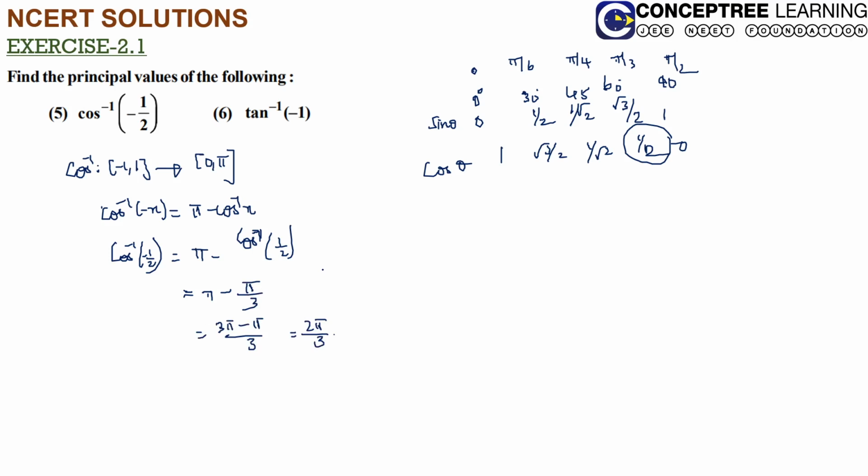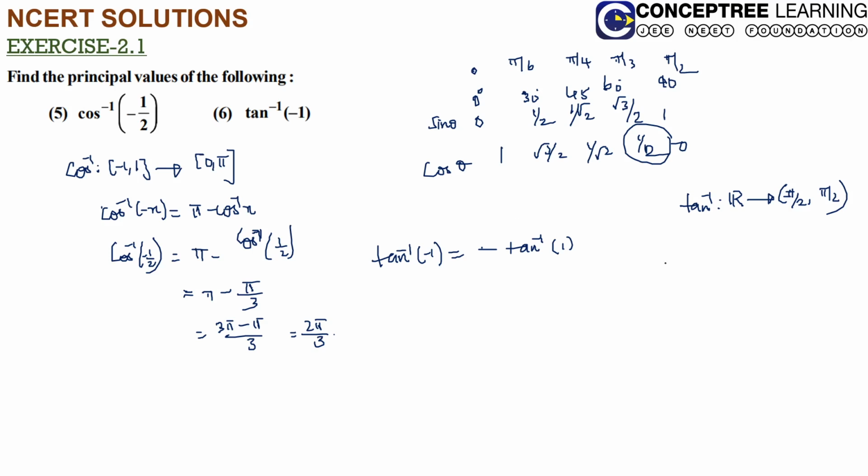Next, we need to evaluate tan inverse of minus 1. What is the formula? Minus tan inverse of 1. The domain of tan inverse is the whole real numbers, to the open interval minus pi by 2 to pi by 2. Minus 1 is a real number.